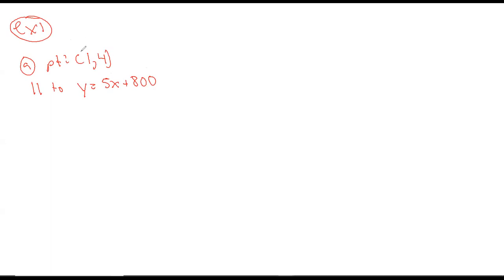Well, I gave you a point, but I didn't give you a slope, at least not directly. I gave it to you implicitly, and by implicitly, I mean it's in this information right here. We're supposed to be parallel to this line. You can call it line 1 or line 2, it doesn't matter, but let's call it line 1, the line that they gave us. And M1, the slope of that line, since it's solved for y, is the coefficient of x, which is 5.